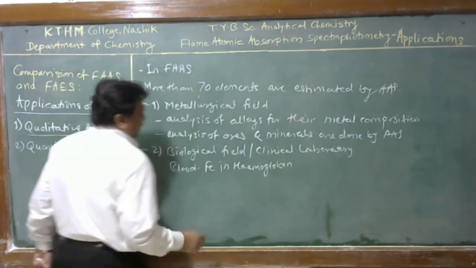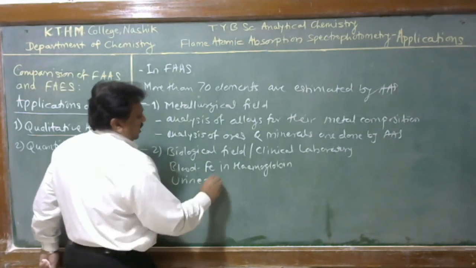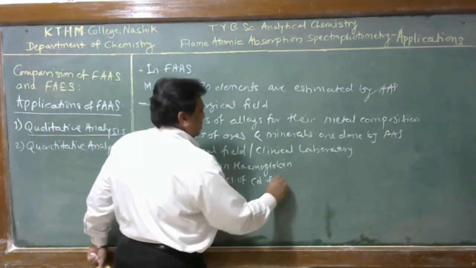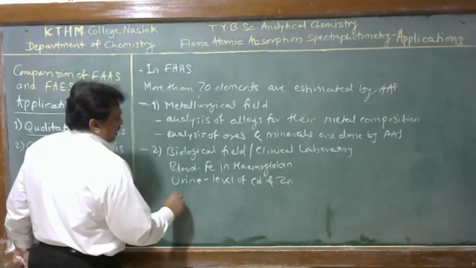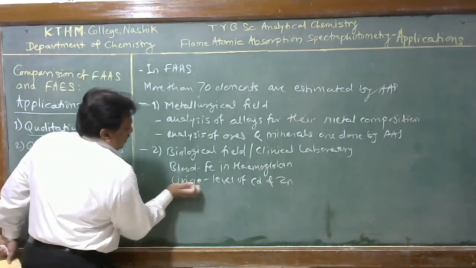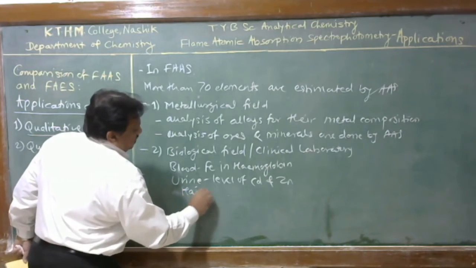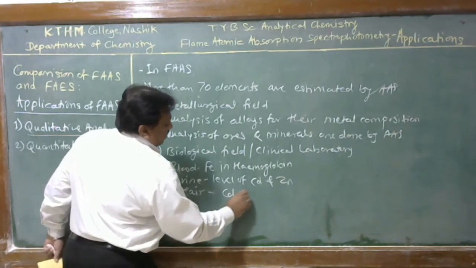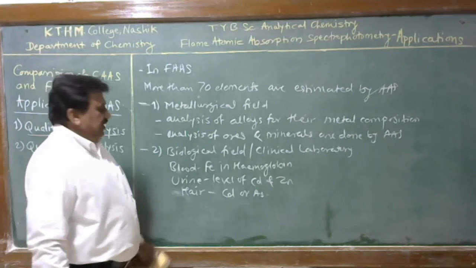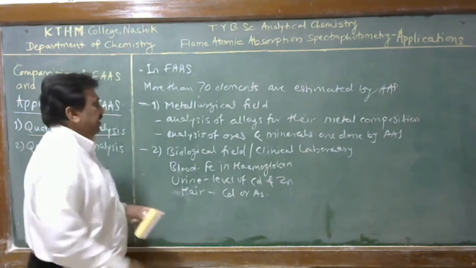As well, it is useful for analysis of urine to determine the level of cadmium and zinc in urine, and for analysis of hair samples for determination of cadmium or arsenic in hair. These can be estimated by flame atomic absorption spectroscopy.